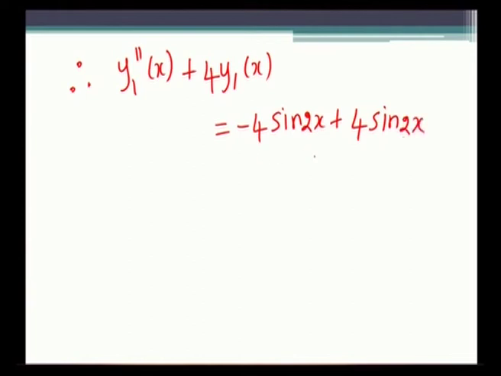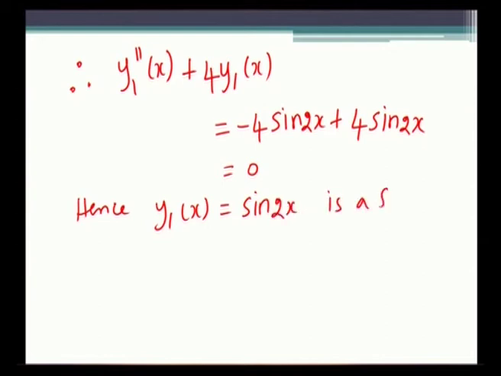So, minus 4 sin 2x plus 4 sin 2x is equal to 0. Hence, y1 of x, which is assumed as sin 2x, is a solution of the given differential equation.